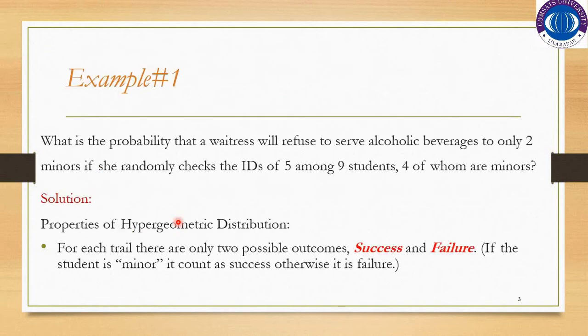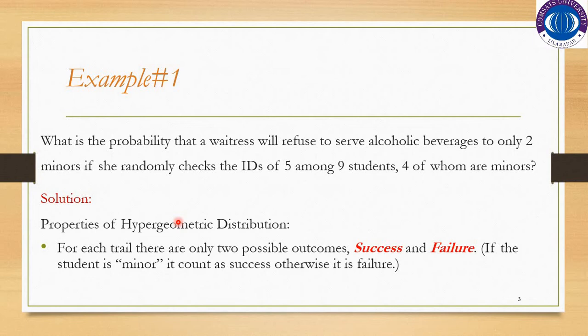This is for sure the case of without replacement sampling, because once she has checked the ID of the student and found out that he or she is a minor, she will just refuse to serve the beverage and go to the next student. That particular student will not come into the sample again.